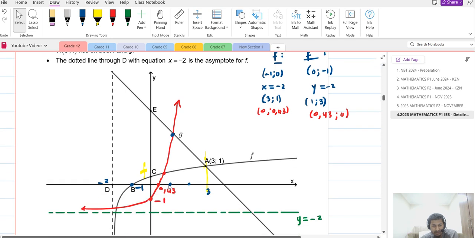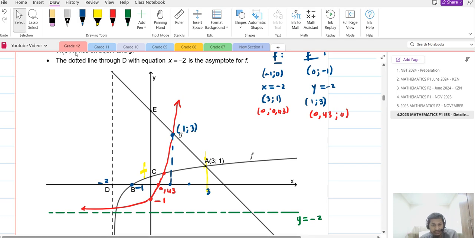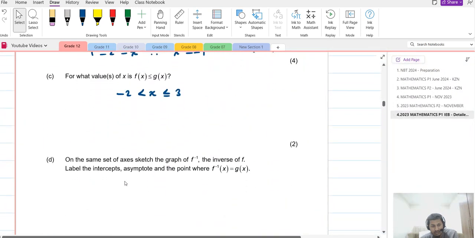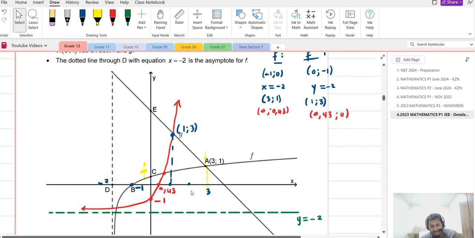Yeah, it looks like this is a point where it's intersecting at 1 and 3. So I can just call this point 1 and 3, right? On the same system of axes, sketch the graph of f inverse, label the intercepts, asymptotes, and the points where f inverse x is equal to g of x. There. 1 and 3.